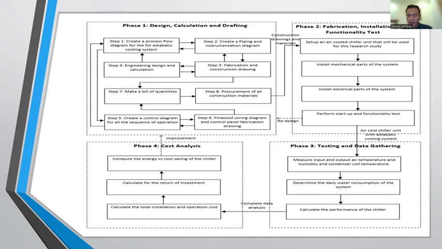This diagram will be converted to the initial stage of creating a construction drawing. The data from step 1 to 3 will be used in step 4, which is the engineering design and calculation, from which the output of step 4 will be used to finalize all the details from step 1 to 3.